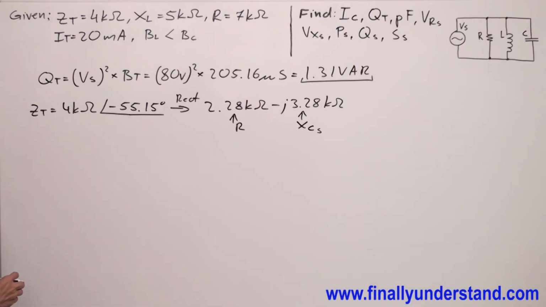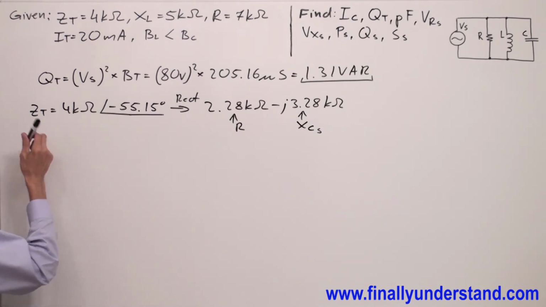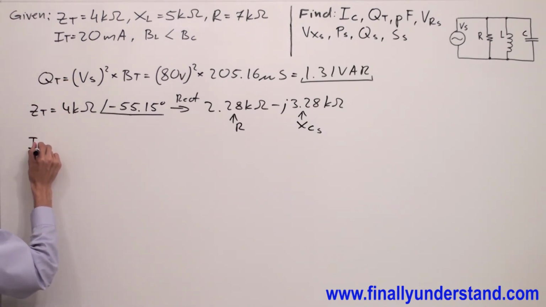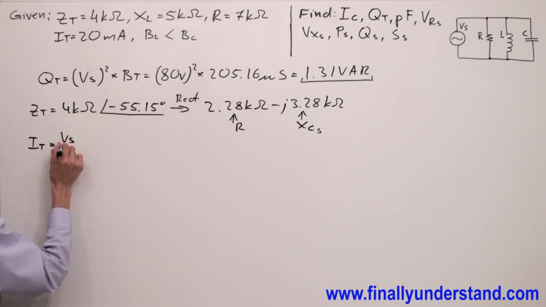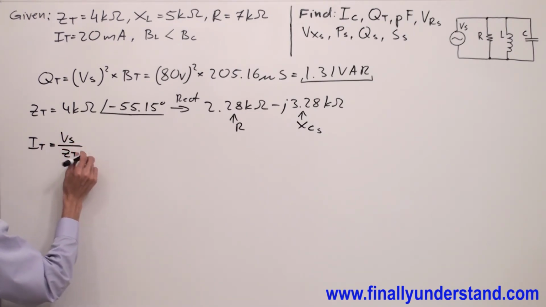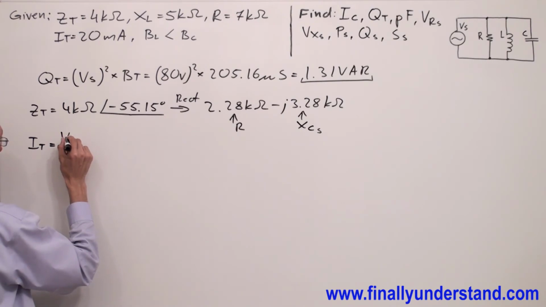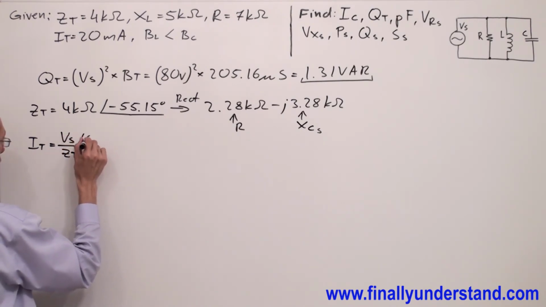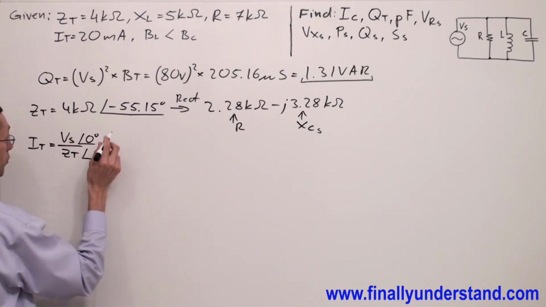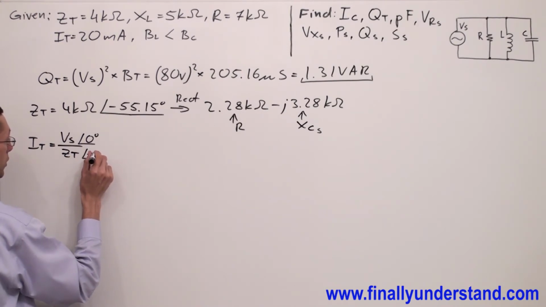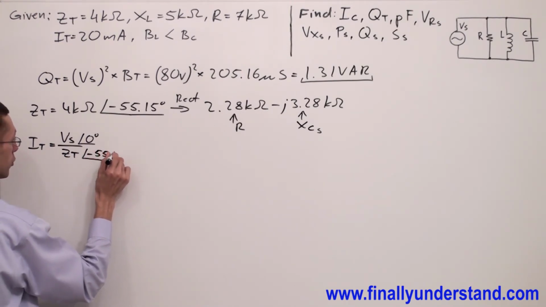So in order to find the voltage across the resistor, I'm going to find the angle which I'm supposed to have next to I total. So I total is equal to the voltage source over Z total. We made the voltage source have an angle of 0 degrees, and for Z total we found this angle is negative 55.15 degrees.